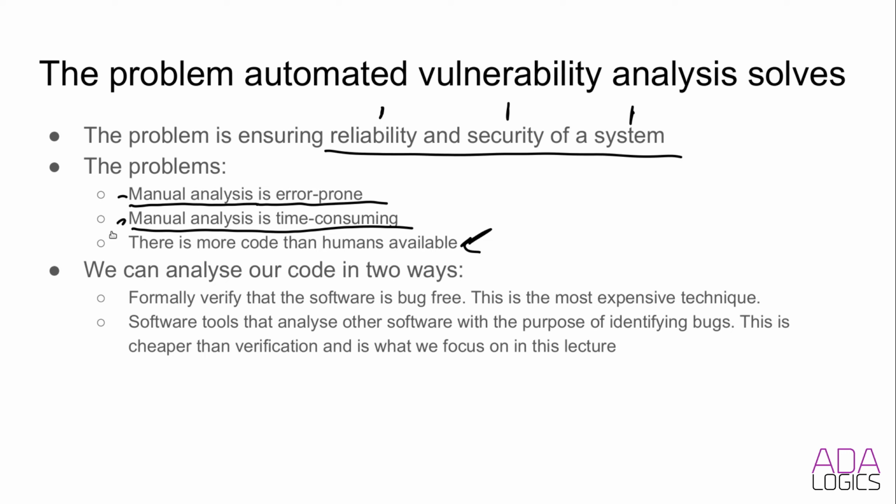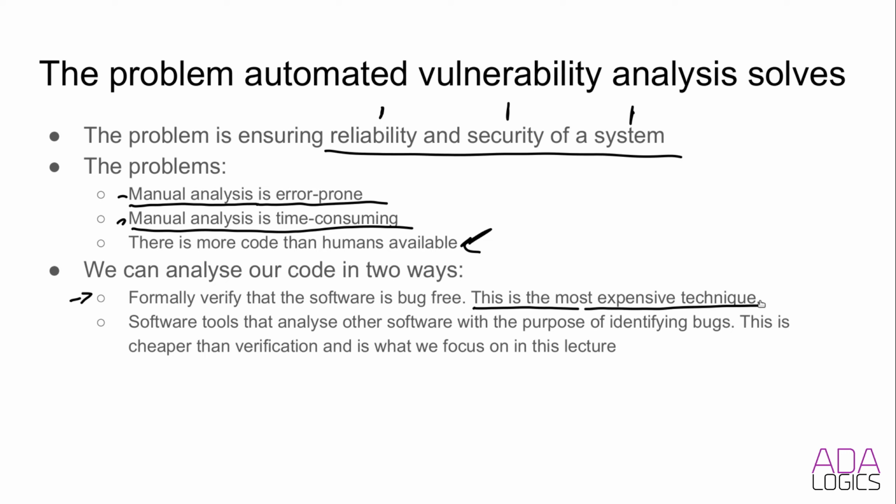From a very high level point of view, we can go about automated vulnerability analysis in 2 ways. First, we can formally verify that software is bug-free. This has the benefit that we can actually show that no bugs exist. We can prove that a certain piece of software has no bugs. This is, however, a very expensive technique, and it requires a lot of resources.